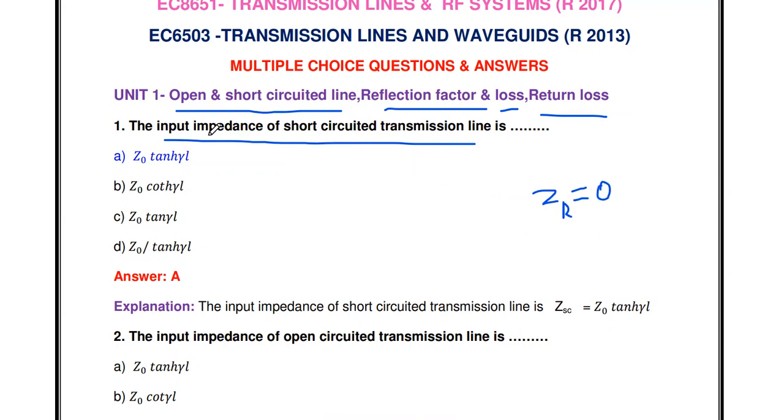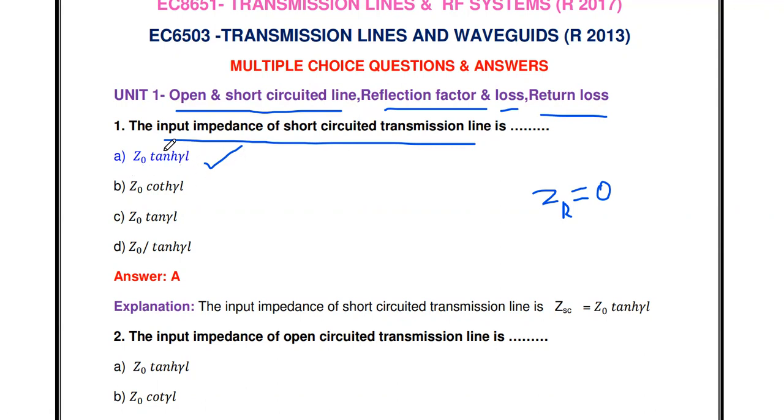At that condition, the ZS formula reduces to Z naught tanh ηL. So this is the input impedance of a short circuited transmission line.